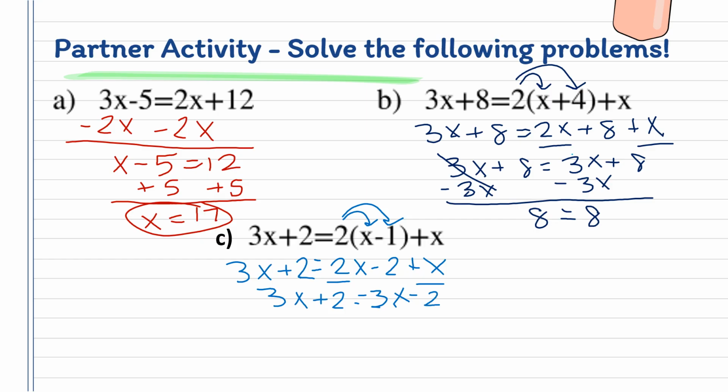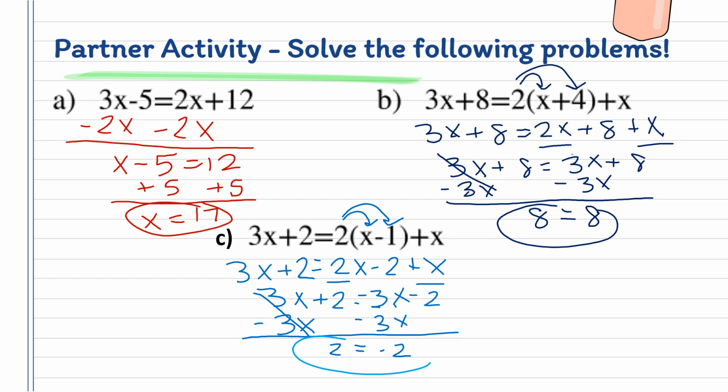Okay, let's bring over the 3x. Again, these 3x's cancel out, so I'm left with 2 equals -2. All right, we will come back to B and C in a minute.